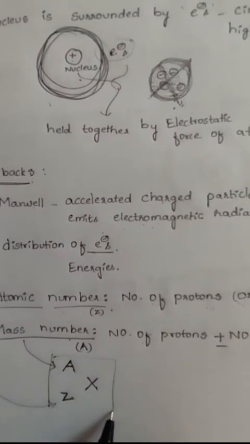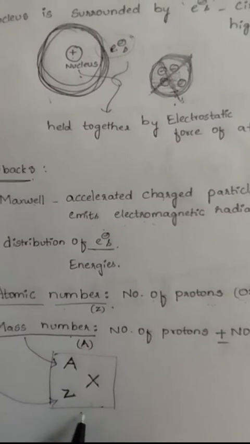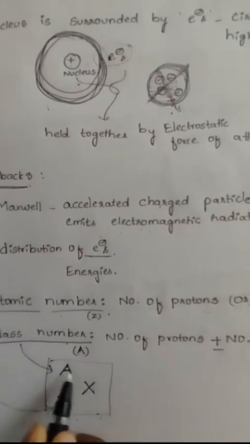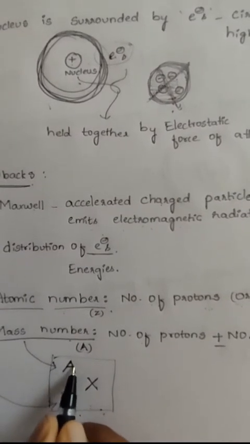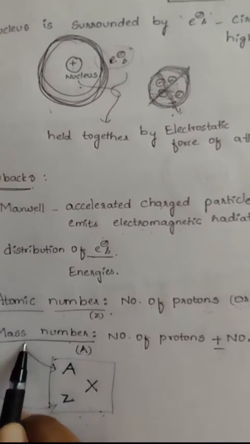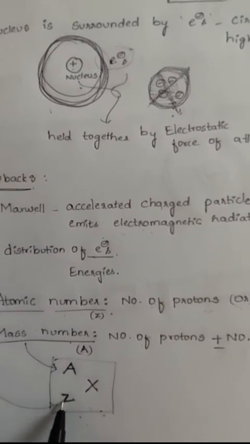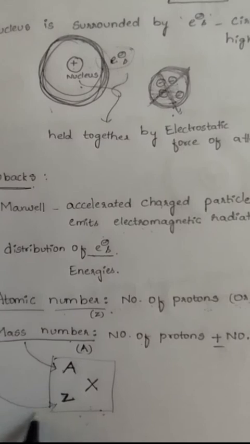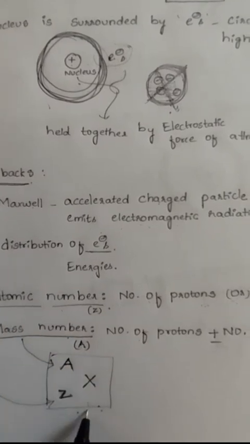This is the general composition of an atom, in which the superscript on the left-hand side indicates mass number and the subscript Z indicates atomic number.